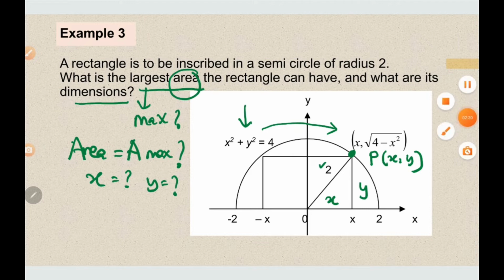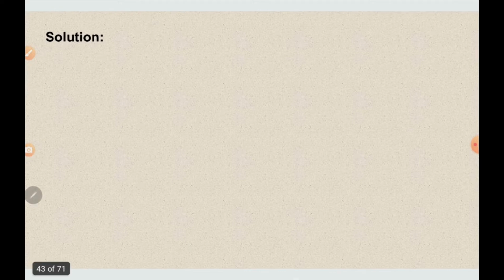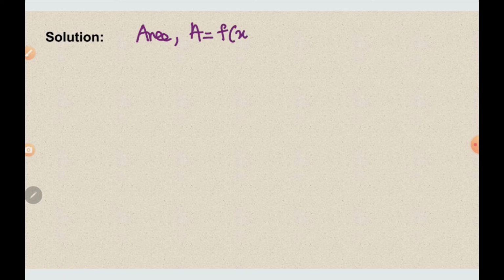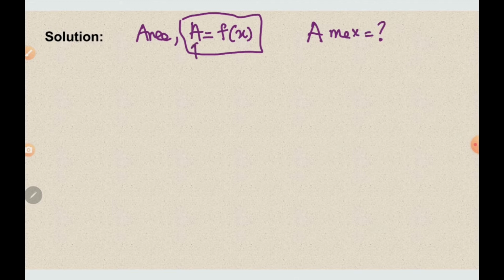The question asks to find the largest or the maximum area, which means you have to write area A as a subject in terms of x. Why? Because we want to find the maximum area. The function to be maximized here, you need to let as a subject.